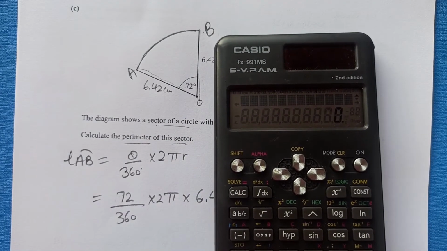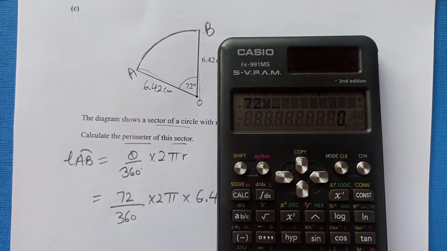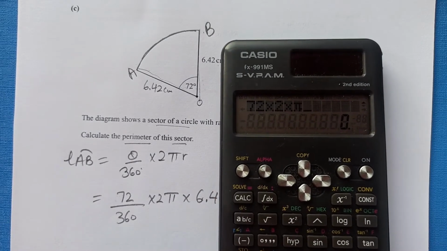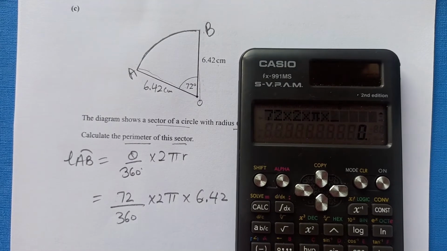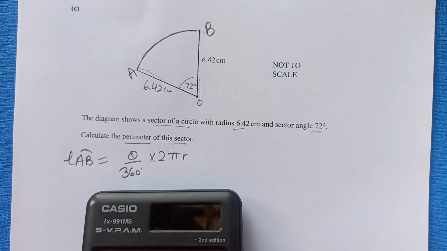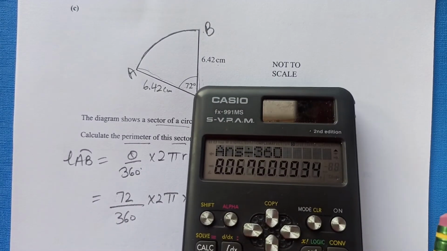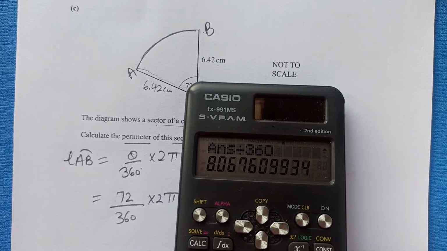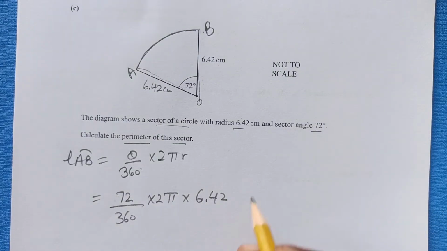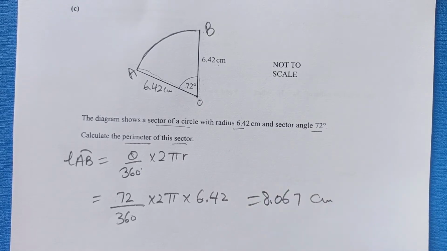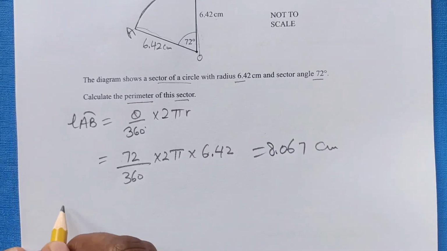This is 72 times 2 times pi times 6.42, divided by 360. This is 8.067 centimeters.